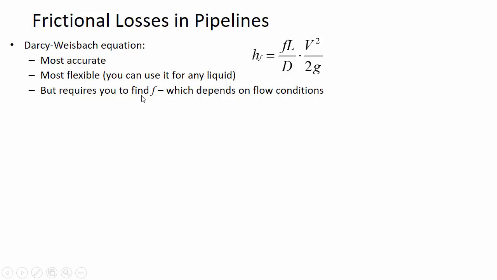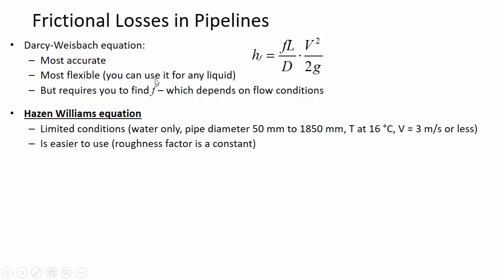But the big disadvantage, of course, is that the f value depends on flow conditions, which a lot of times aren't known. So the Hazen-Williams equation, which you've seen before, last semester in fluid mechanics we did the lab experiment having to do with the Hazen-Williams equation. Remember that it's not as valid for as wide a range of conditions.